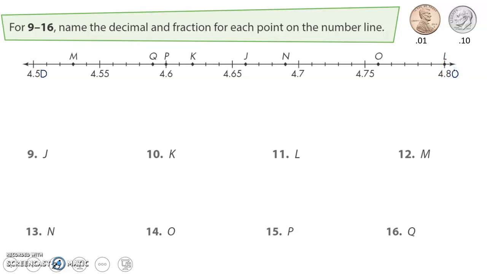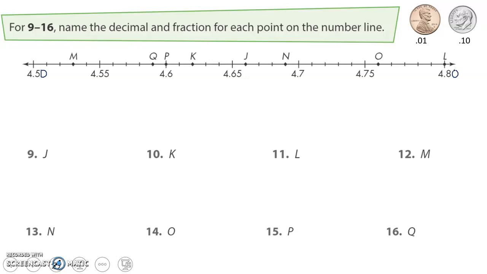So I just want you to realize that 4 8/10 and 4 80/100 are the same thing. They're the same value. It's like if I had $4.80 and you had $4.80, we both have $4.80.